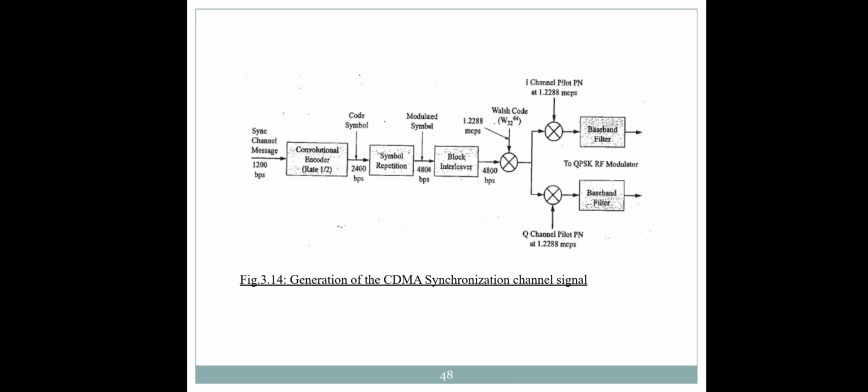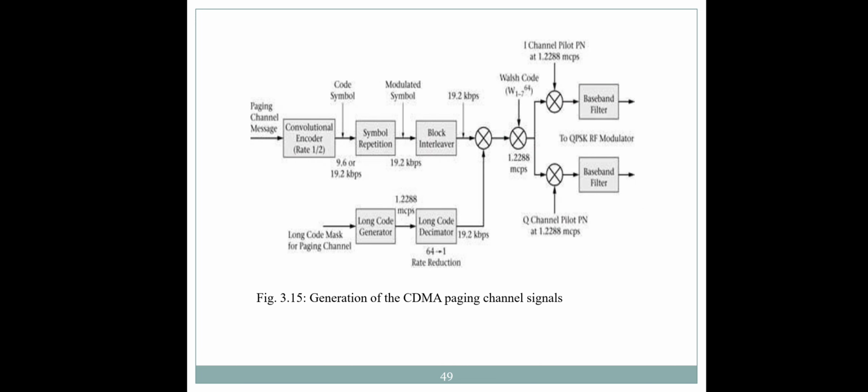The next channel is the generation of the CDMA paging channel, done the same as usual in the synchronization channel. Here you are able to see the convolution encoder, symbol repetition, block interleaver, and that is getting multiplied at the rate of 19.2 kilobits per second.